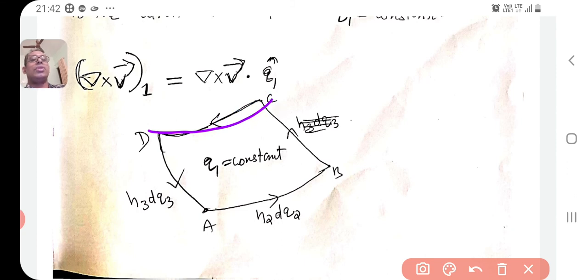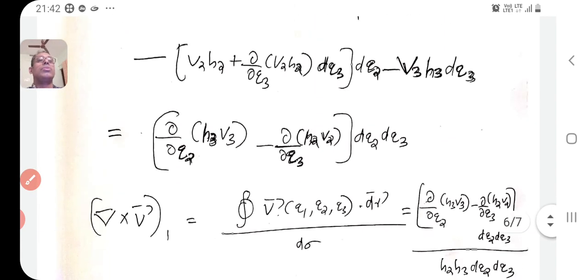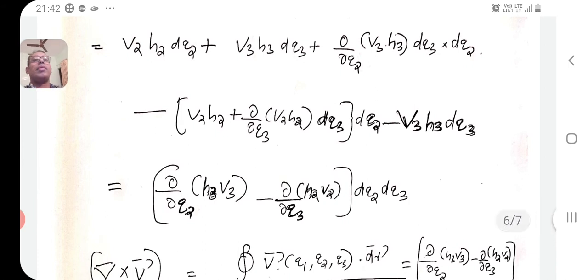Here it is V2 h2 dQ2, and here it will be ∂/∂Q3 of V2 h2, times dQ2 dQ3. So that is written here.